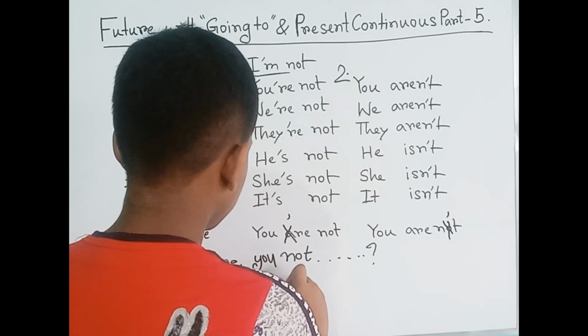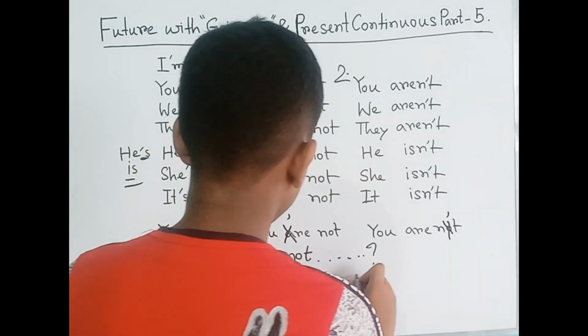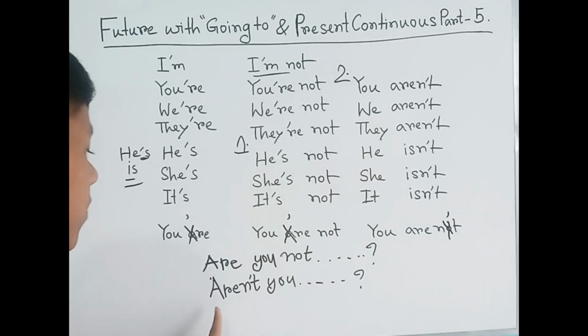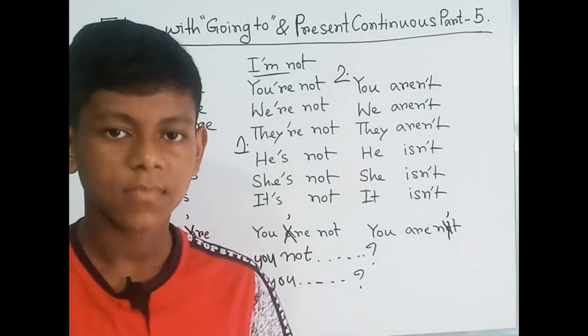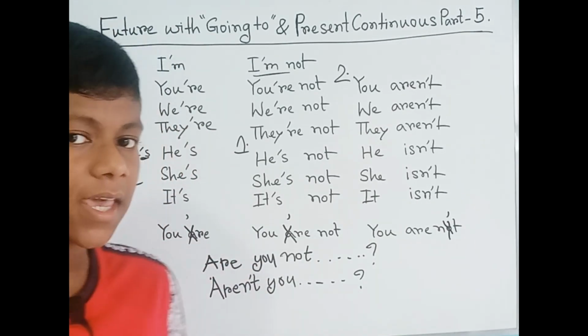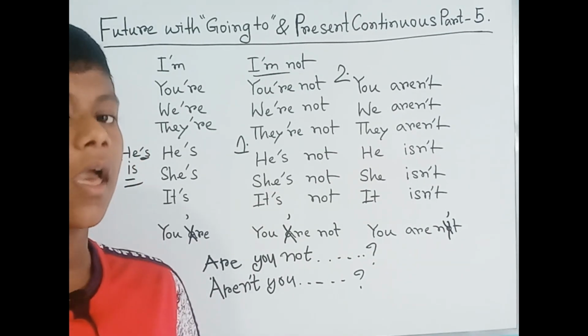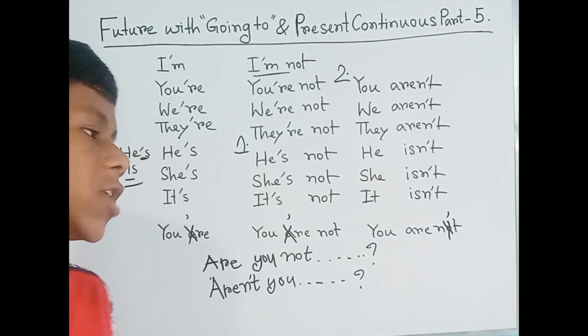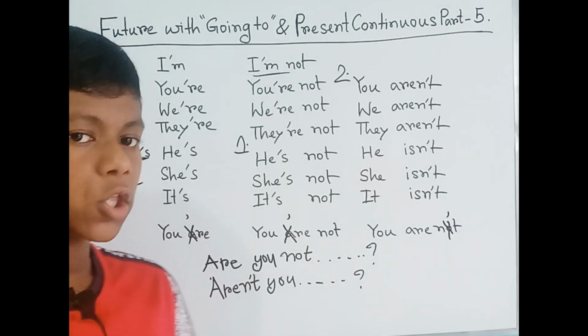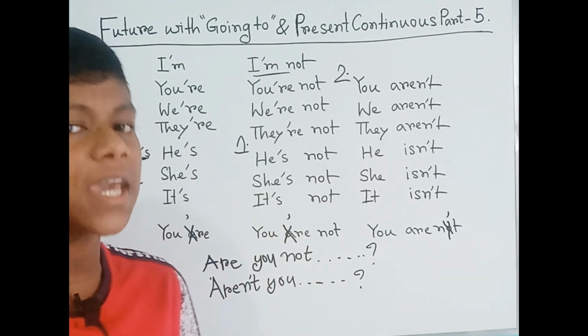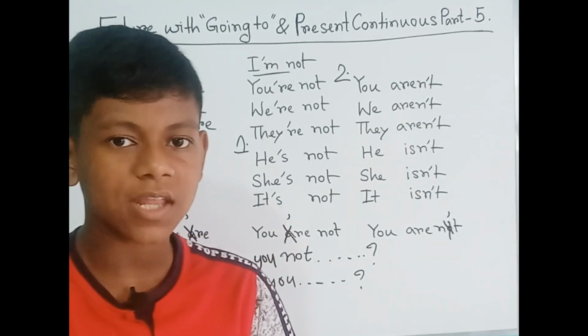Have you seen? It becomes like this. So aren't you playing? Aren't you going to play? Or in the present continuous, you can say, aren't you playing this weekend? Can we understand or not?